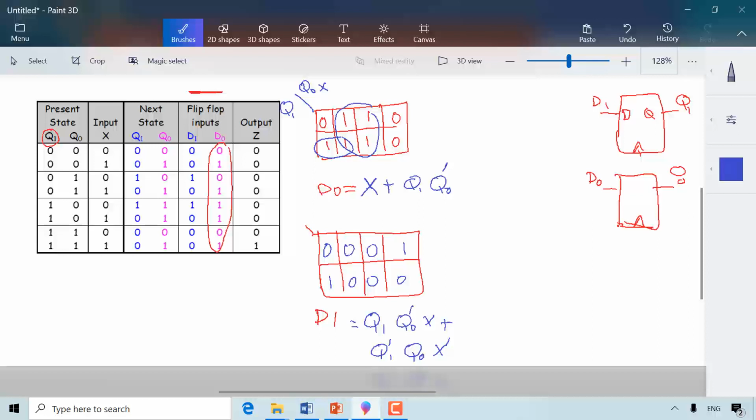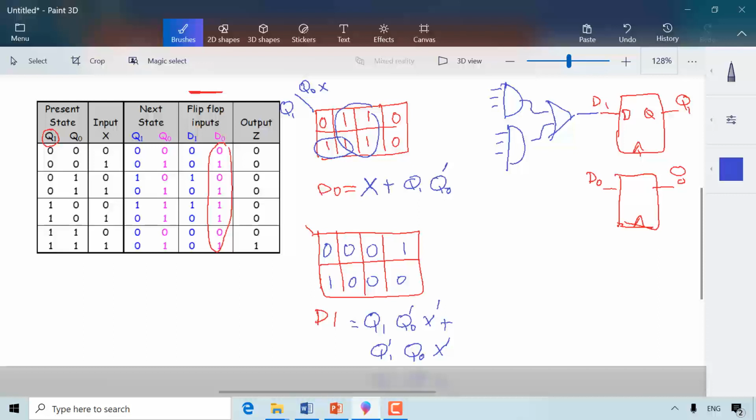So this one here is an OR gate for D1, an OR gate of, let's see, Q1 Q0 prime X. Actually, this is probably X prime, right?